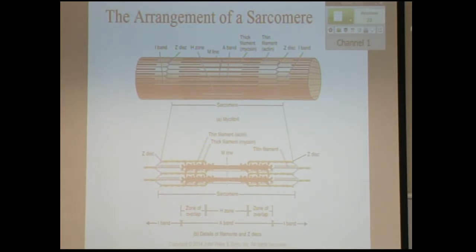So you're basically getting there. These are the actins. That's A band, H band, I band. The H band is where you only have myosin, no actin. So it's basically the middle part. Where's your actin?